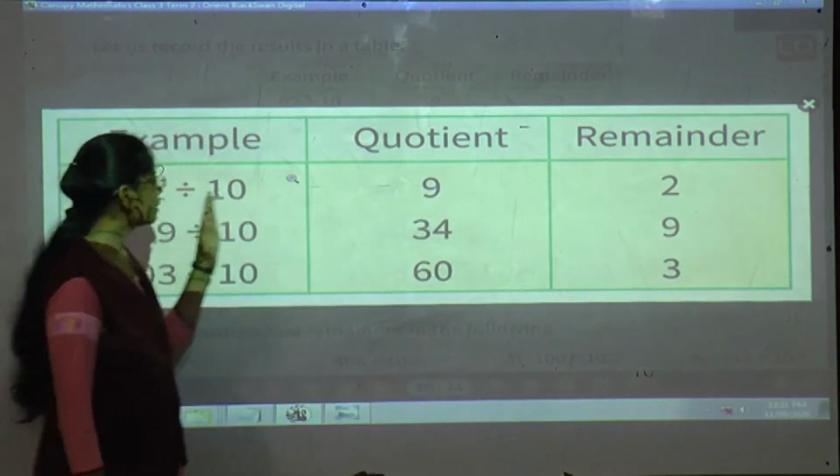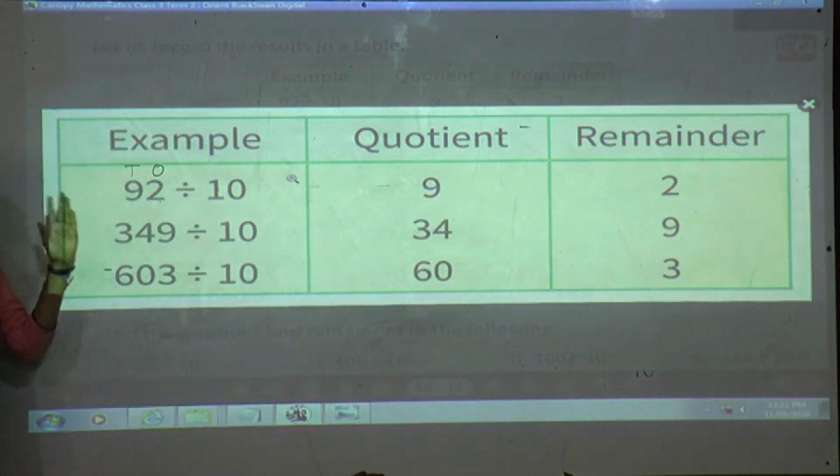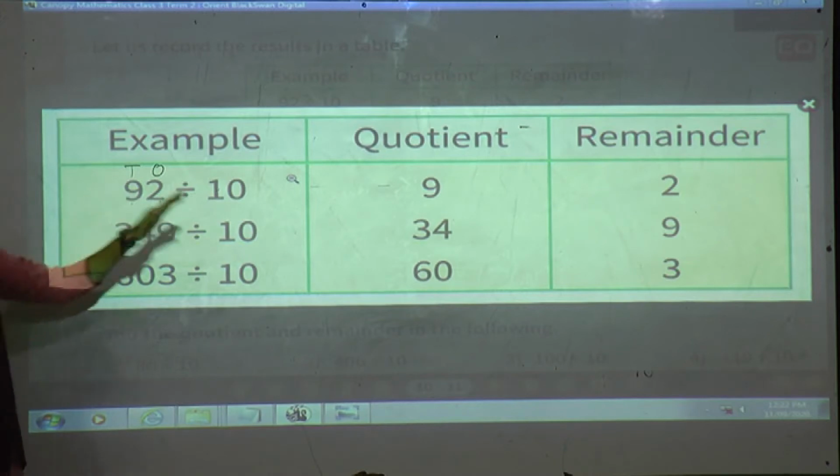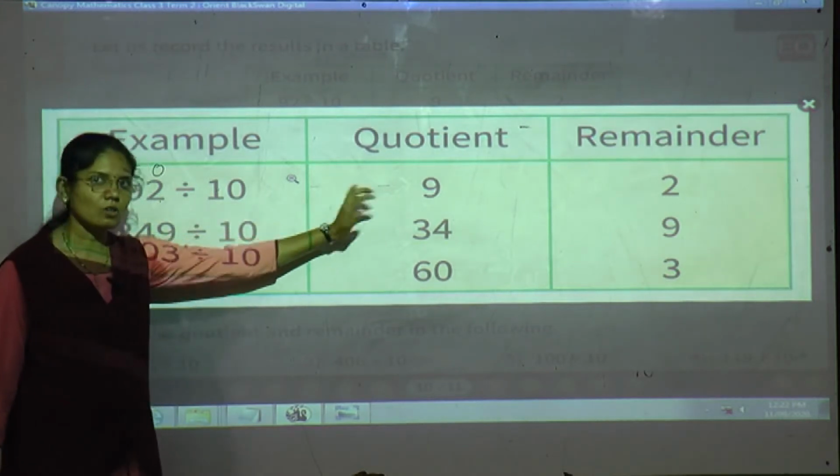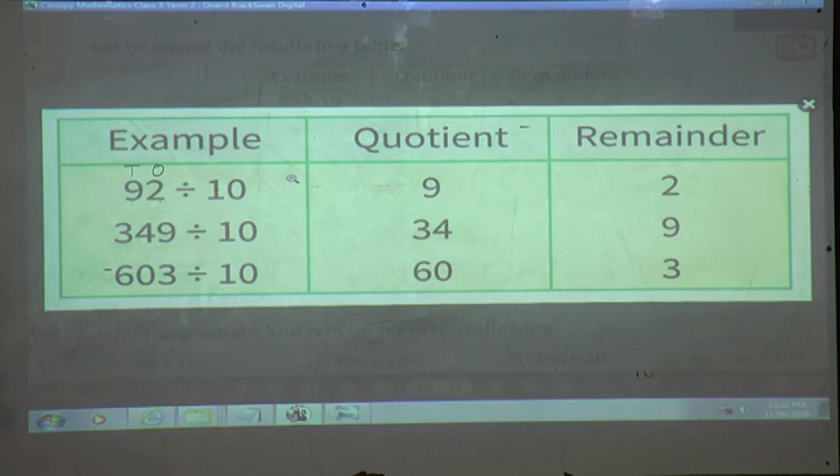And whatever numbers remain, that will be the quotient. So when we divide any number by 10, the digit in the ones place of the number is the remainder and the other digits of the number form the quotient.